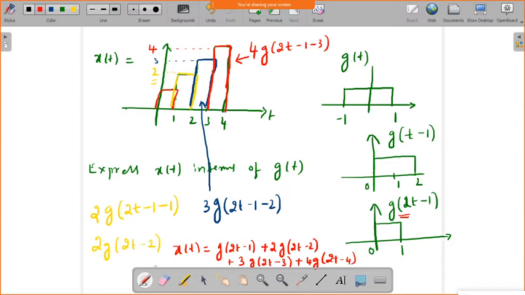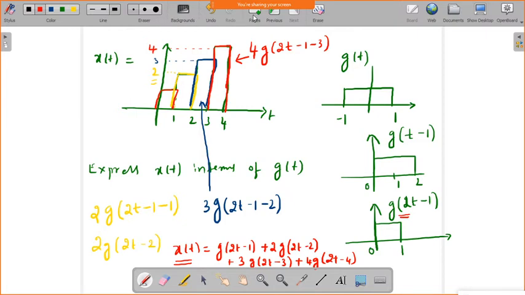So this is your x of t in terms of g of t. Is it understood? Any doubt in this signal operation?